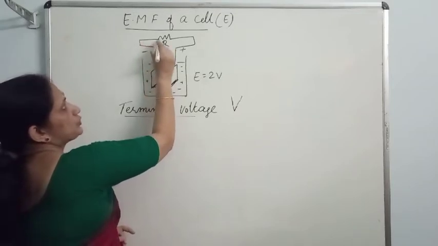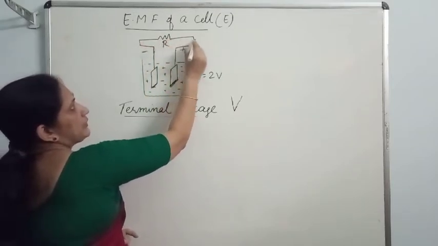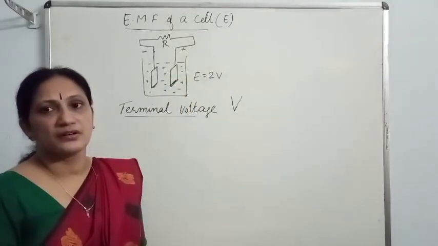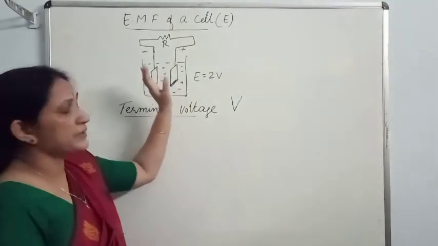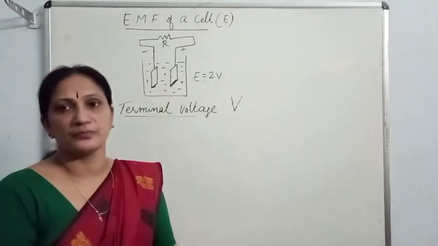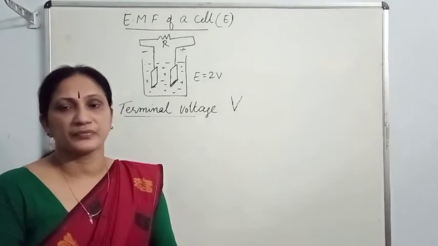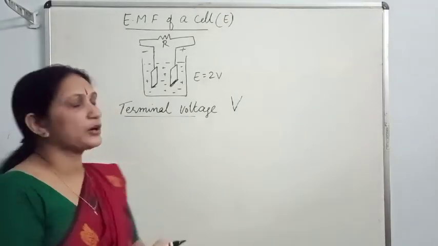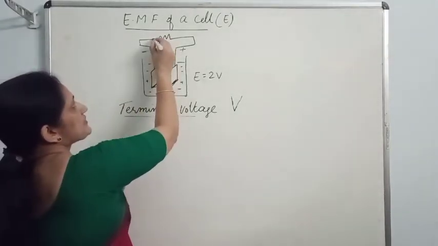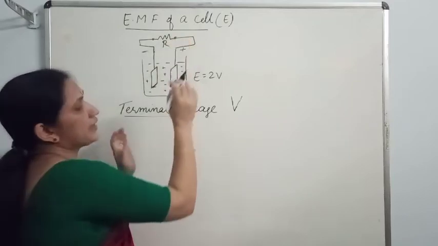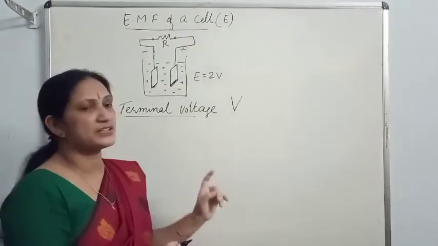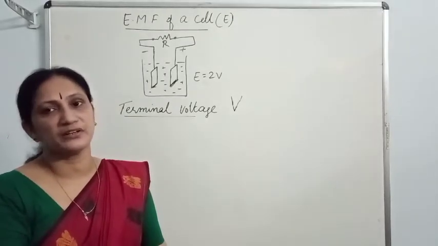Electrons will flow through this filament of the bulb and return here to the other electrode. When the cell is in use now, at that time if you measure how much potential difference is there across the two ends of this resistor, that potential difference is known as terminal voltage or terminal potential difference.